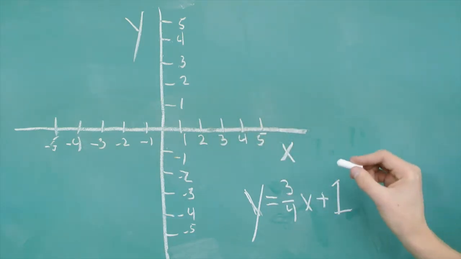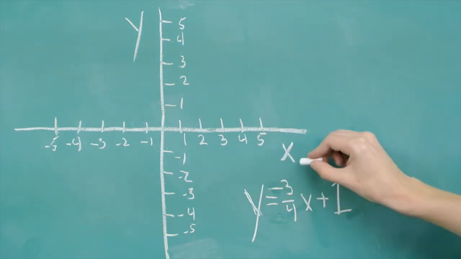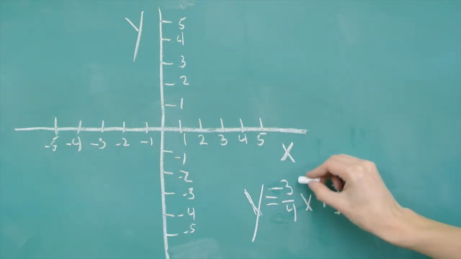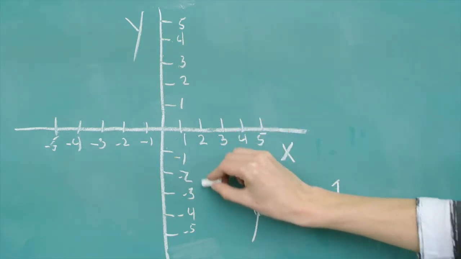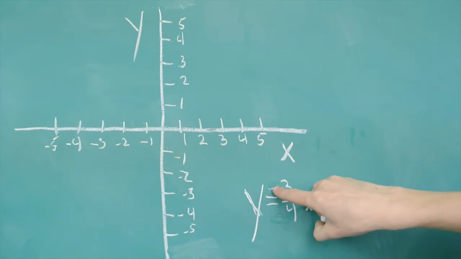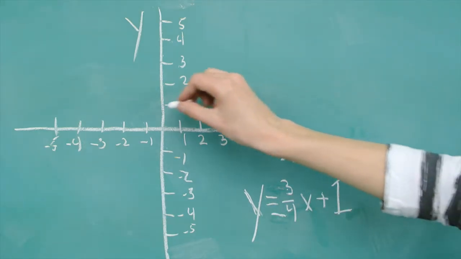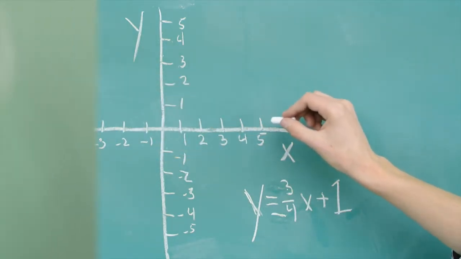Now, if the slope has a negative sign in front of it, we have a change in the direction from our y-intercept point. If the numerator is negative, instead of going up, we go down. But if the denominator has a negative, we go left instead of right on our graph.